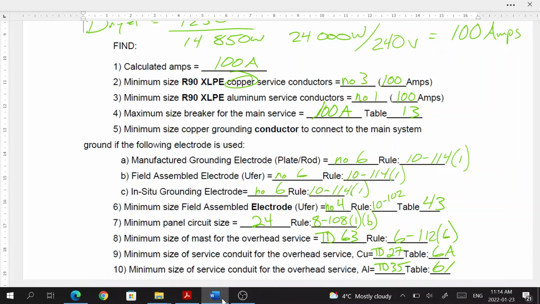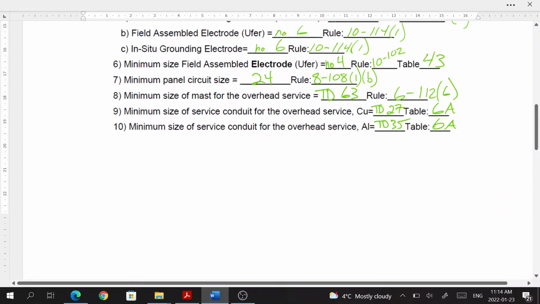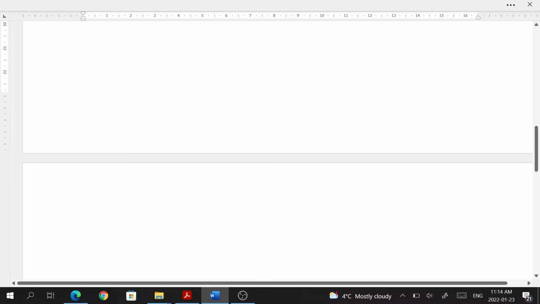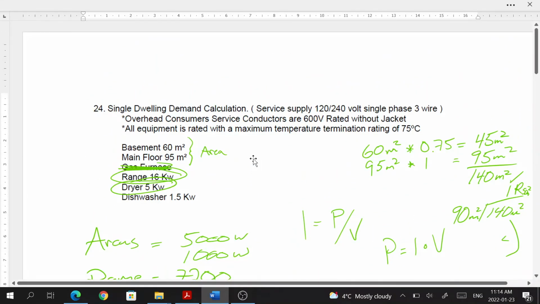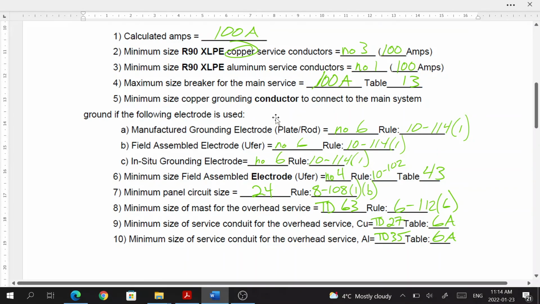And that is also found in 6A. And there you have it. That's how you do a house calculation and figure out the corresponding breaker size and conduit size and stuff like that that you would need for that particular service after you figured out the size of the conductor. So hopefully that helps, and let me know if you have any questions.